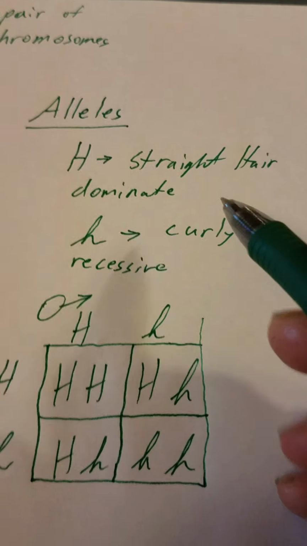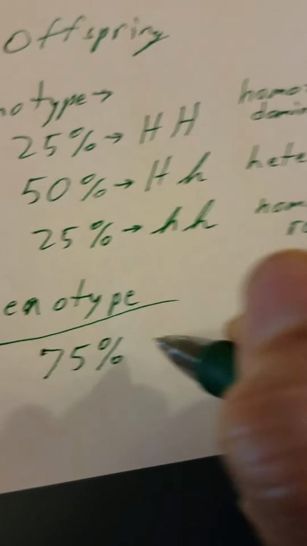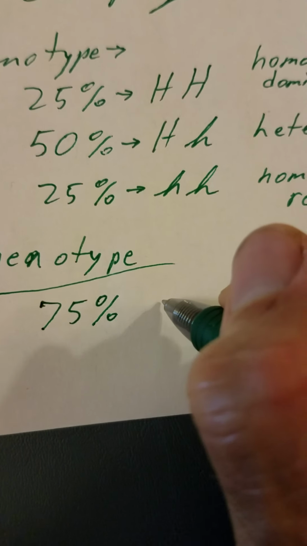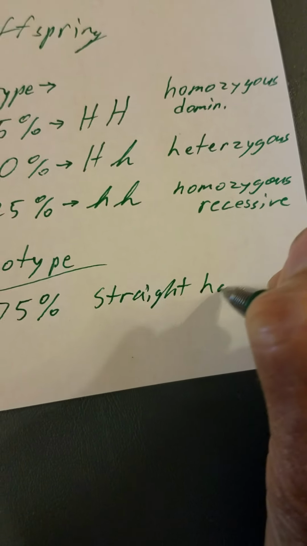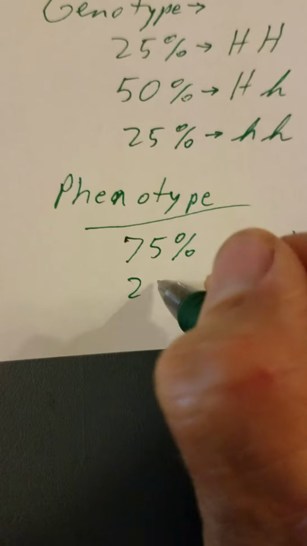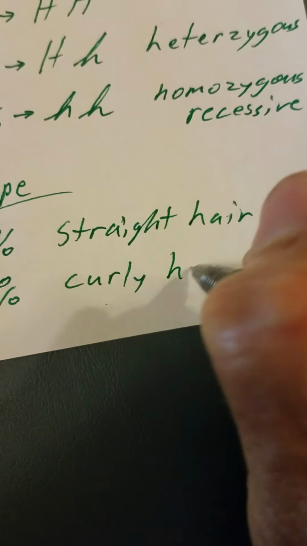Straight hair is what's dominant. So that means 75% or 3 out of 4 chances are going to be straight hair, and 25% are 1 out of the 4. 25% would be curly hair.